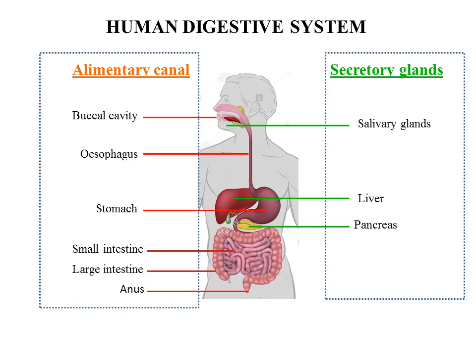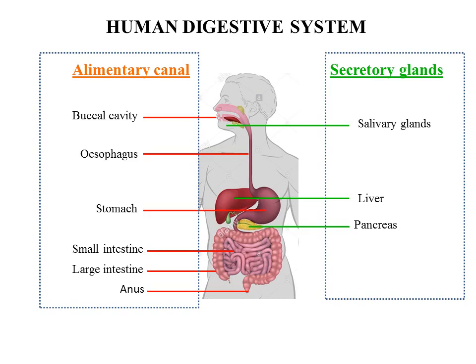There are actually 3 pairs of salivary glands, which means 6 salivary glands in our mouth. The liver also secretes something, and the pancreas also secretes something. These secretory products act as digestive juices. Digestive juices act for digestion of food. Without these digestive juices, digestion is impossible.